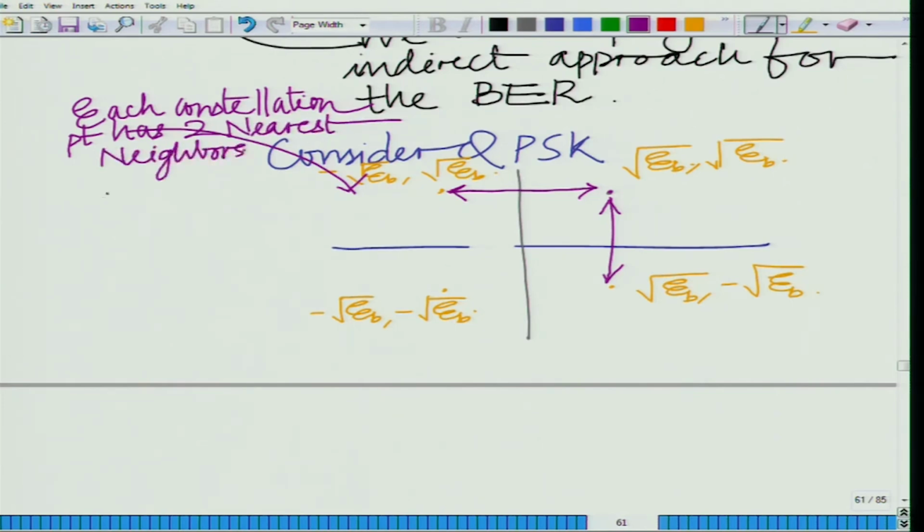Let us denote the number of nearest neighbors by alpha. So, alpha equals 2. Further, the distance between these two points is twice the square root of EB.